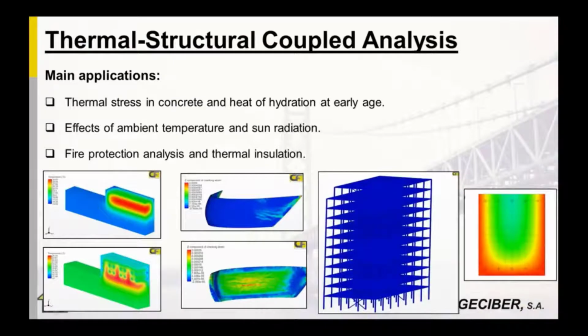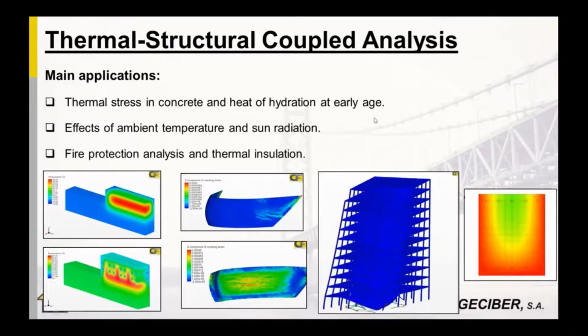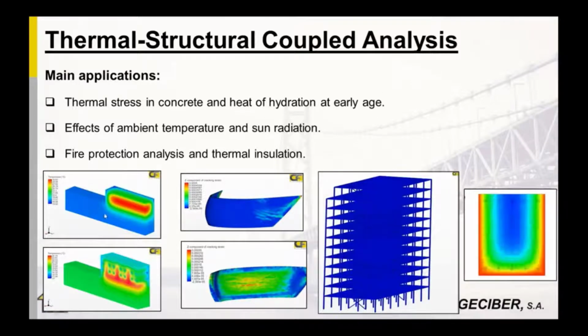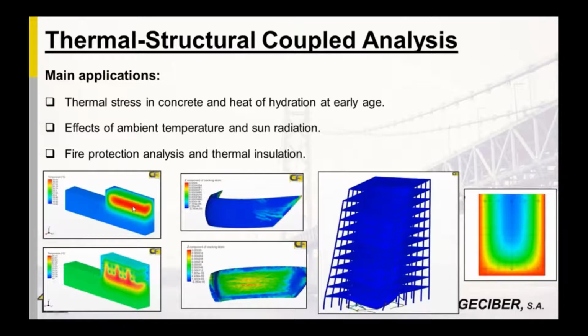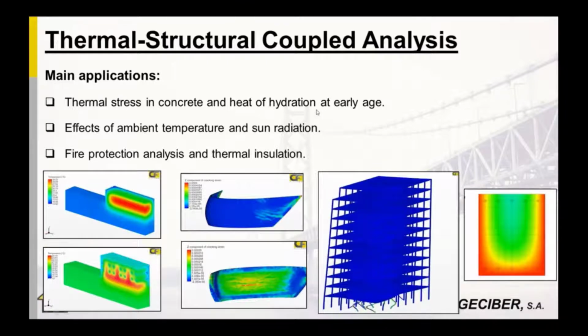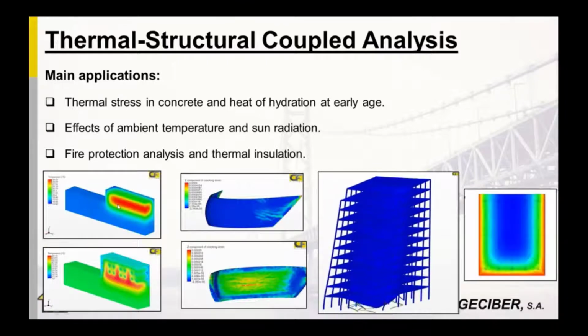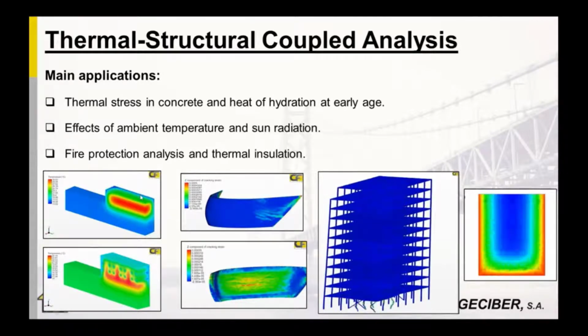So the main applications for this, as an example, are thermal stress in concrete and heat of hydration at early age concrete. An example here, we are placing different concrete blocks and pouring this concrete, and analyzing the first step, which is the heat of the cement creating excess thermal stress, and also we can consider ambient temperature.